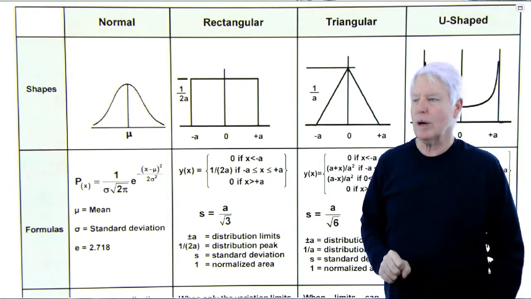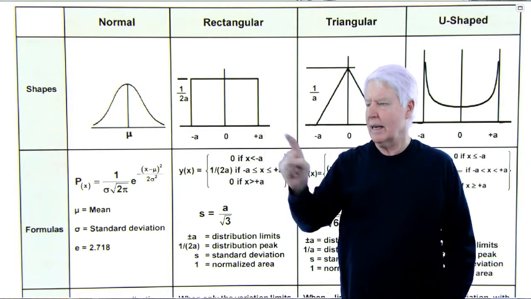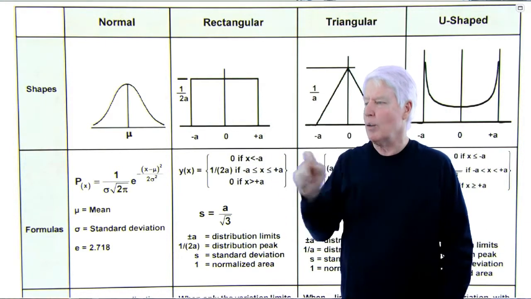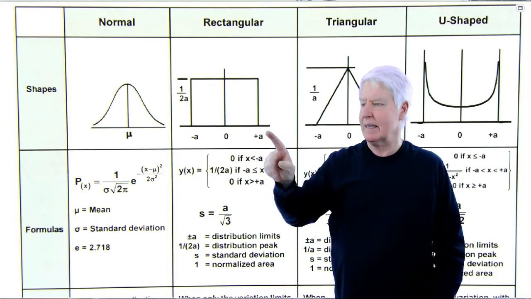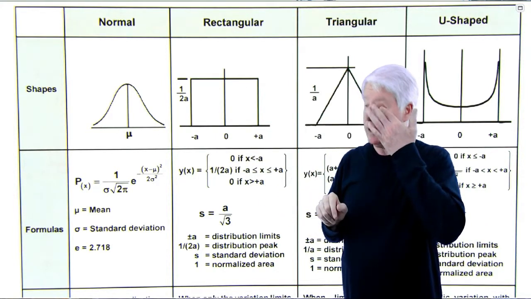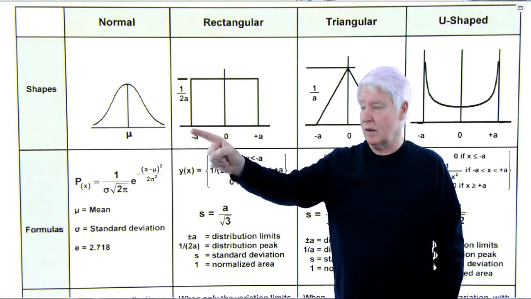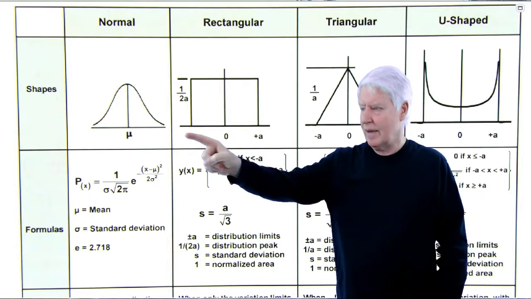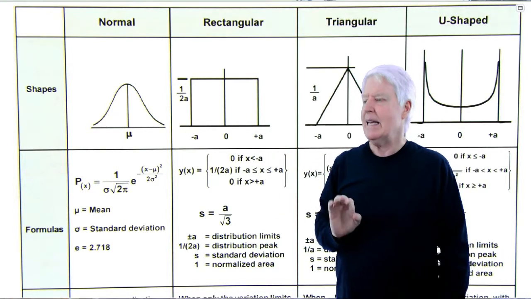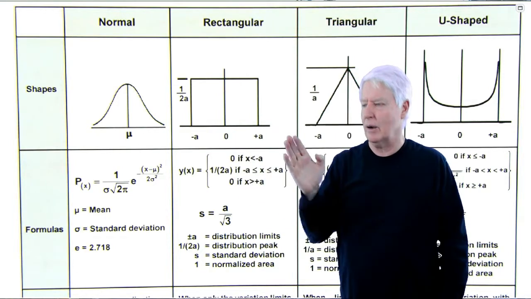A divided by the square root of 3. What is A? It's the range. And what was our range? 1 to 6. So 1 minus 6 is 5. From negative A to A is 5. The whole spread is 5. That's the range between the whole numbers.